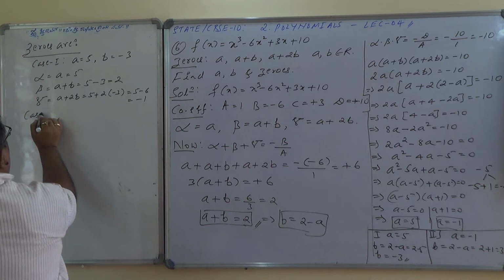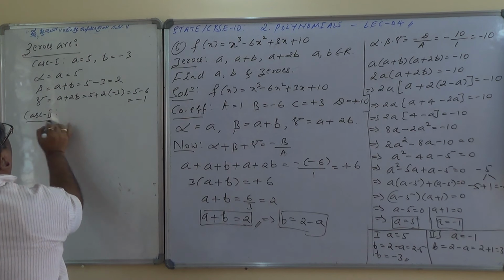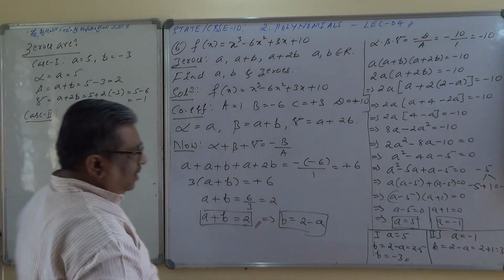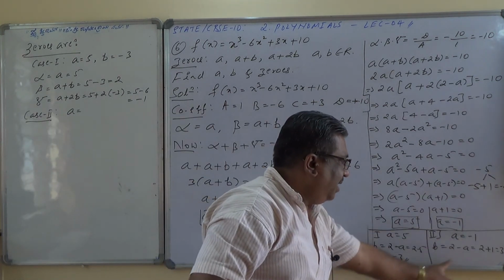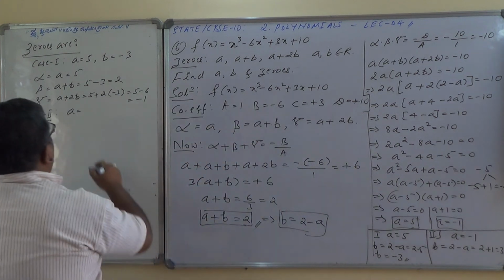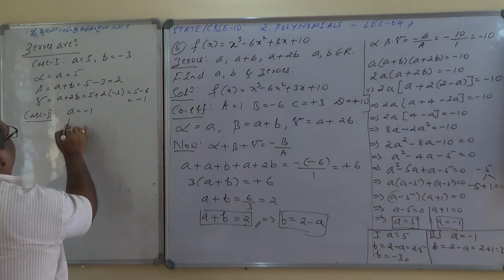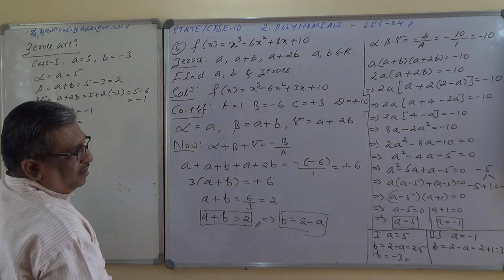Case 2, when a equals minus 1 and b equals 3, I am taking a equals minus 1 and b equals 3.